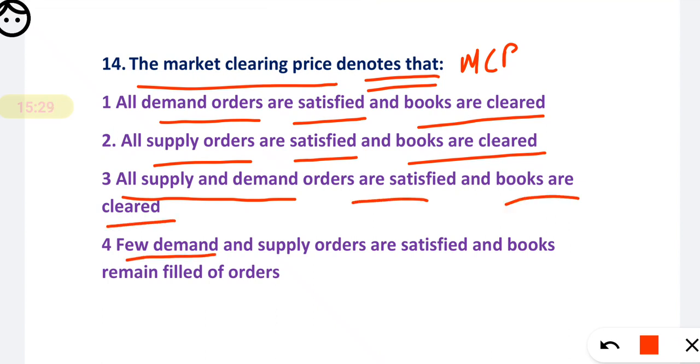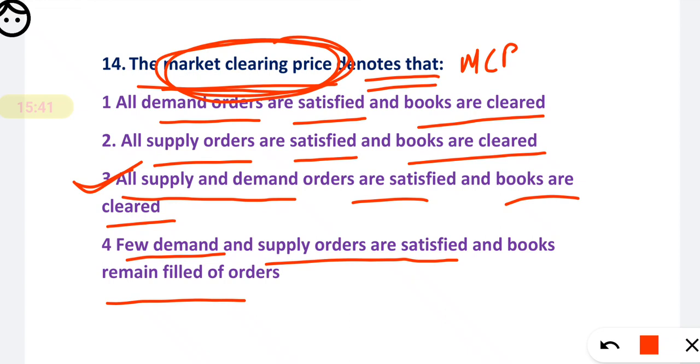Fourth, few demand and supply orders are satisfied and books remain filled. So friends, it is very common sense, you can easily tell while reading the options. The third option is correct. Market clearing price means we have to clear everything, so definitely supply and demand orders are satisfied and books are cleared. So the third option is the correct answer.